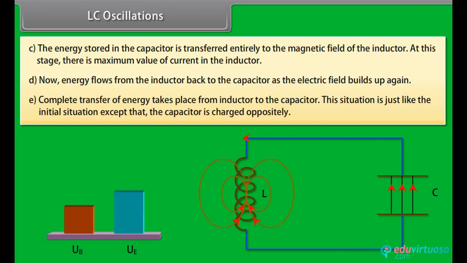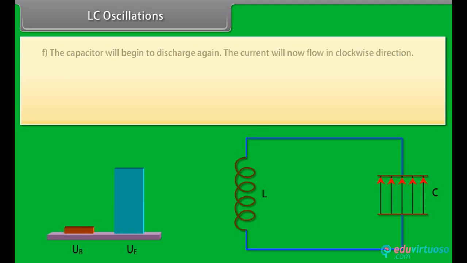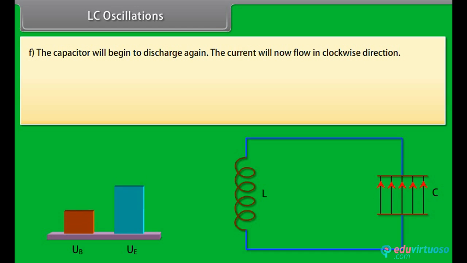Complete transfer of energy takes place from inductor to the capacitor. This situation is just like the initial situation except that the capacitor is charged oppositely. The capacitor will begin to discharge again. The current will now flow in clockwise direction.